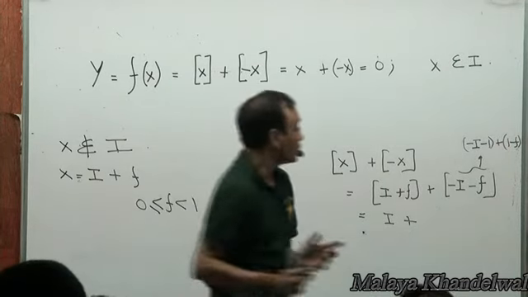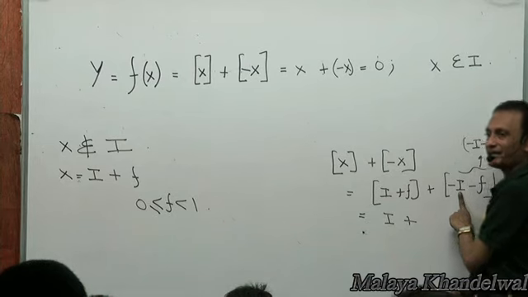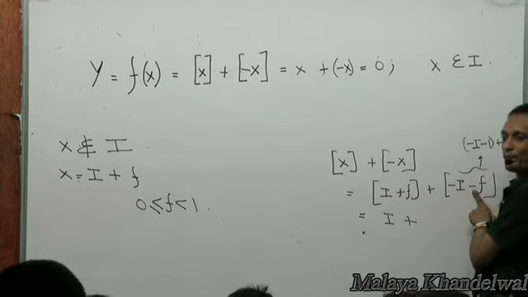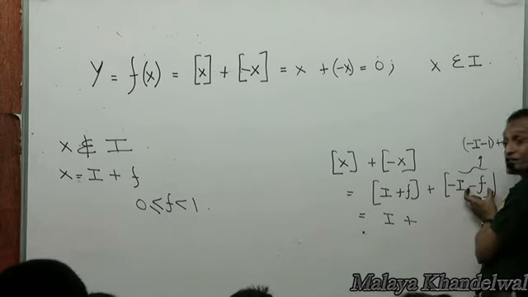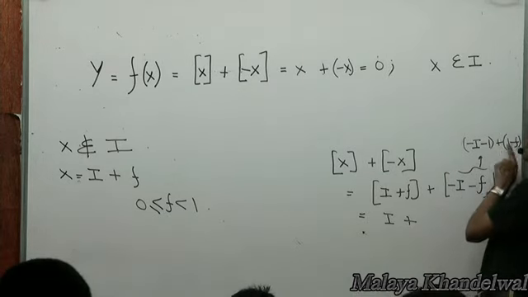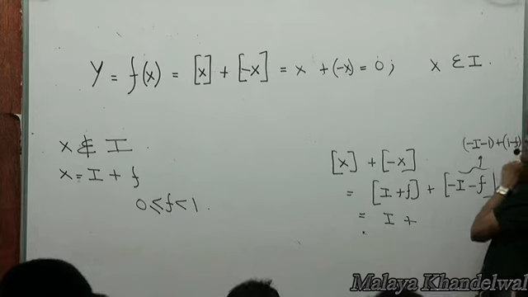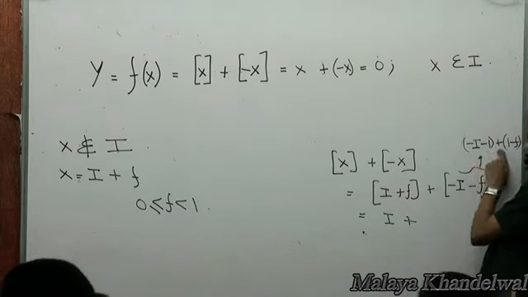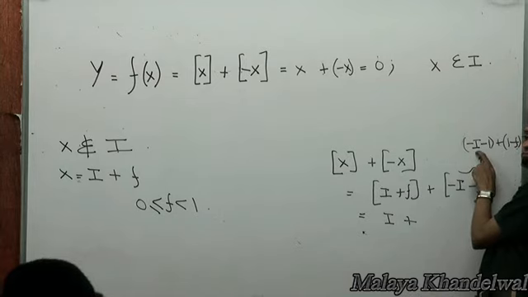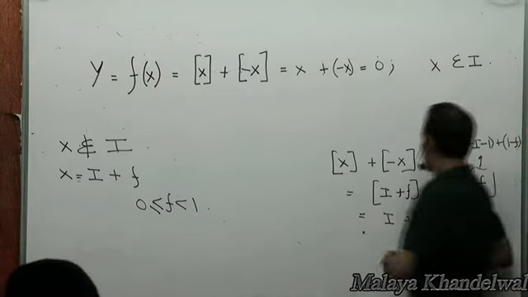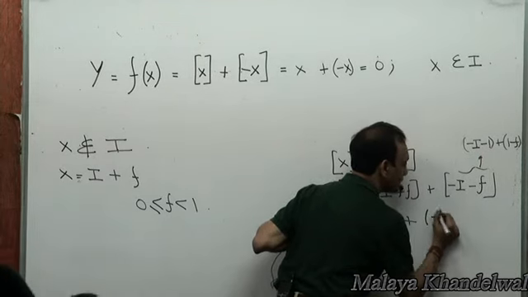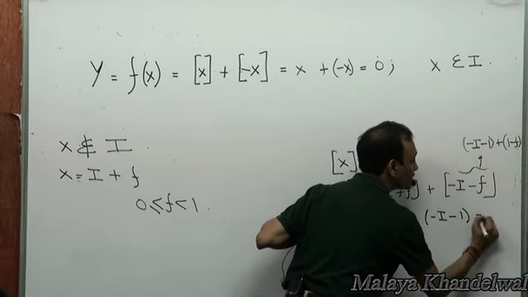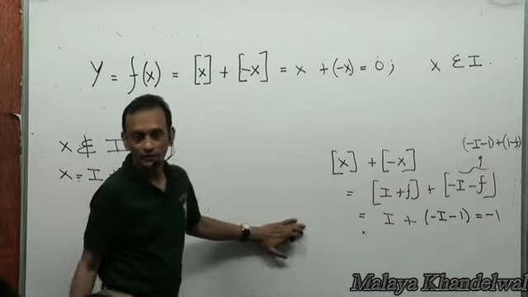The output of this operation will not be minus I, because minus f is not a positive fraction. You have to convert this into a positive number lying between 0 and 1. That's the reason you add 1 to it. So the output of this operation is going to be minus I minus 1. Yes or no?